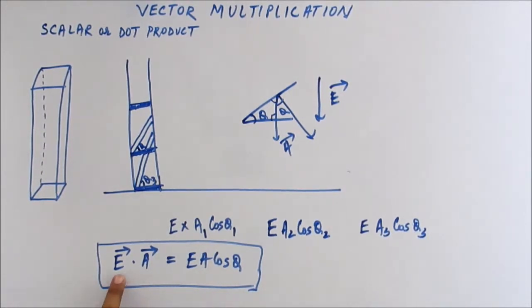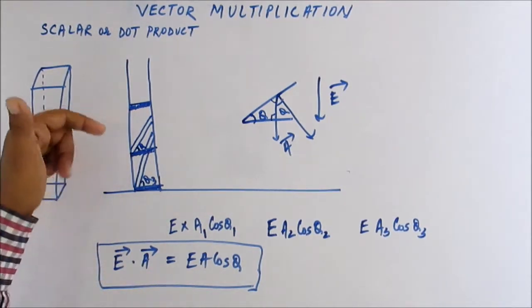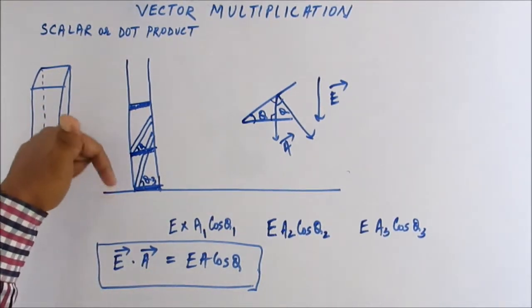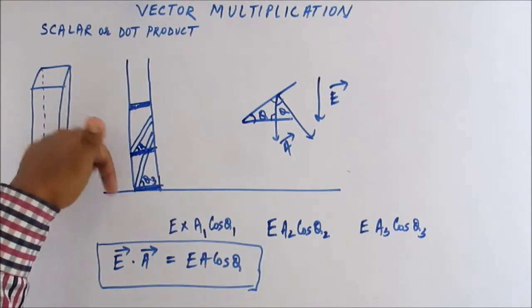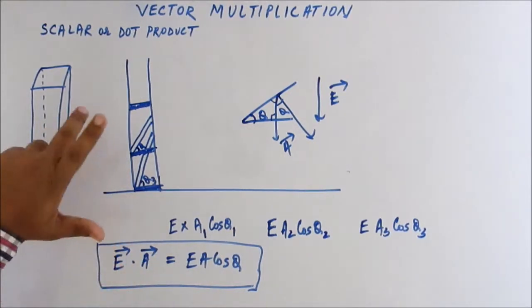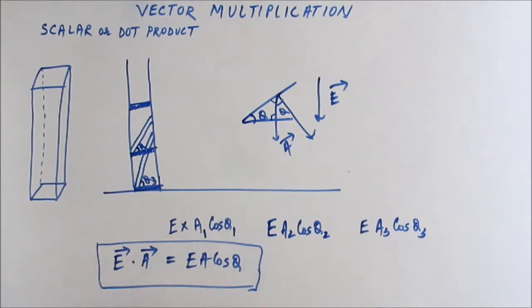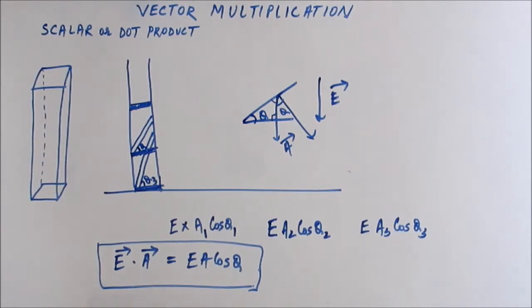So we have defined E vector dot A vector because we know the light energy per unit area quantity is actually a vector. It has a particular direction, and we have forcefully defined area as a vector because again it's going to help. So these are vectors. Now we have defined a kind of multiplication of vectors in which A vector dot B vector is equal to A into B into cos theta.